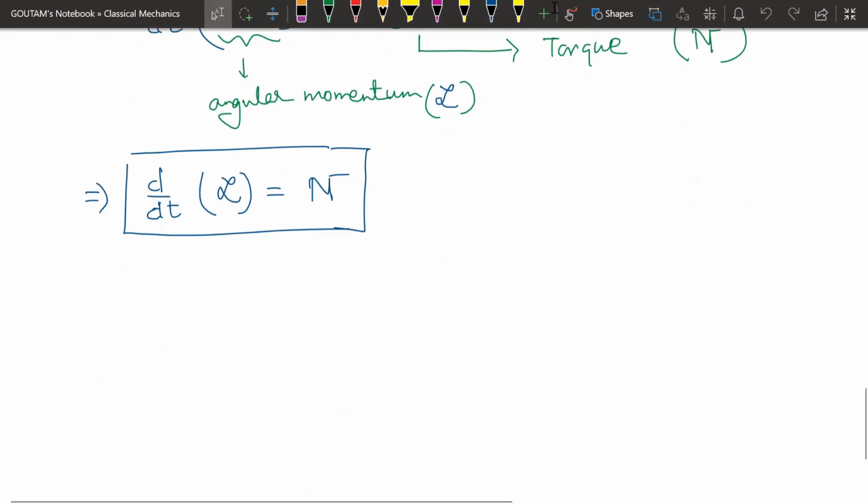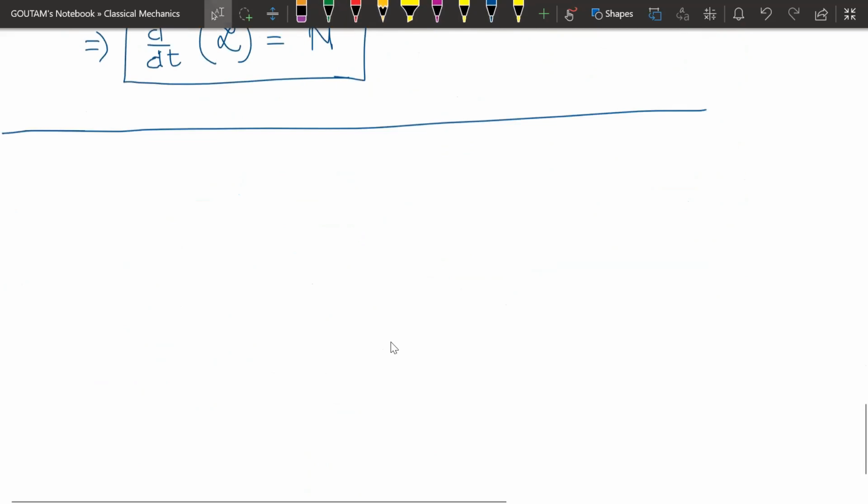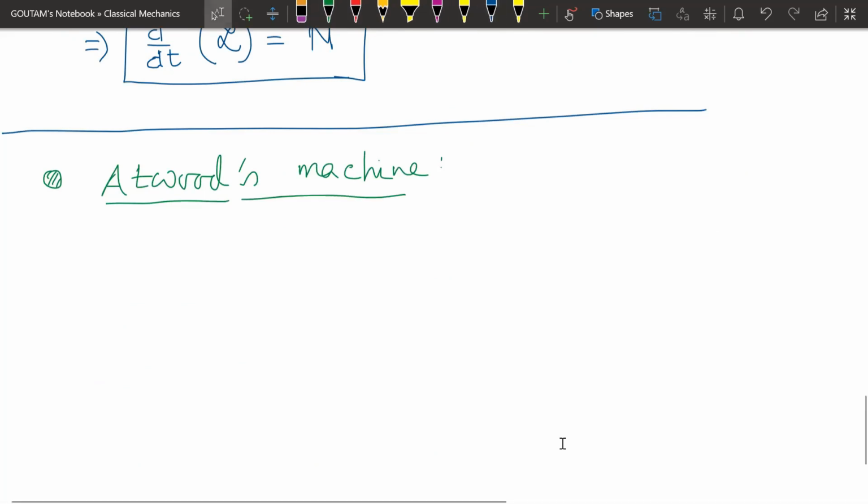So now let's look at another simple problem, which is an Atwood machine. Let's say we have a pulley which is rotating about its axis.